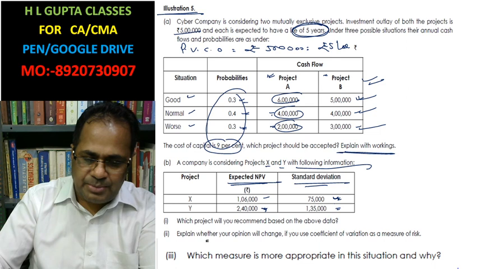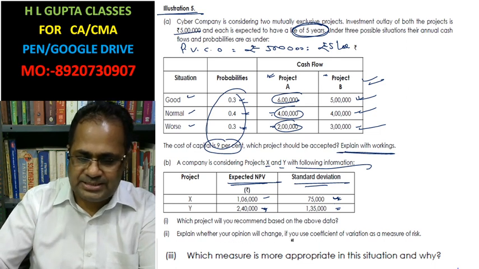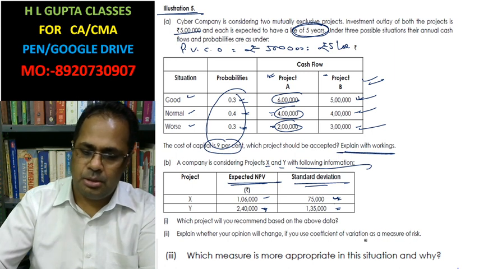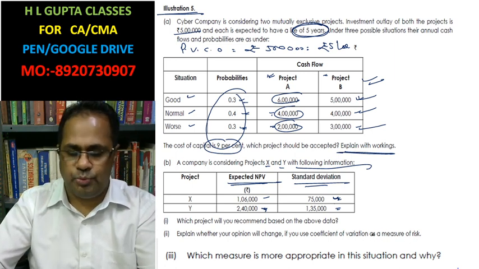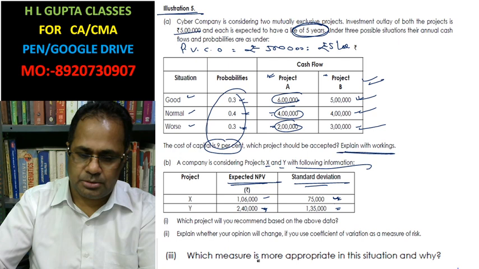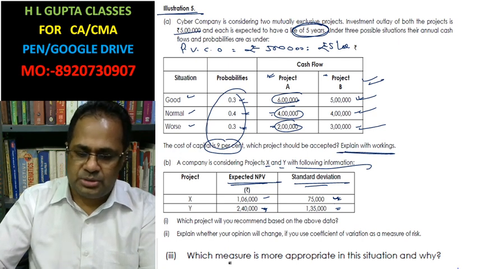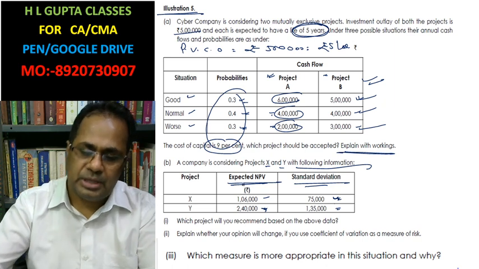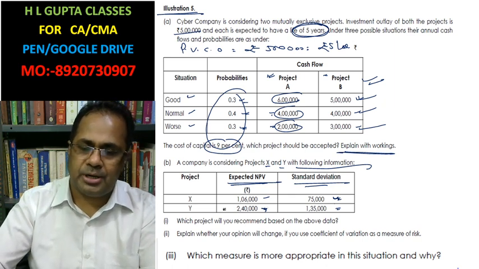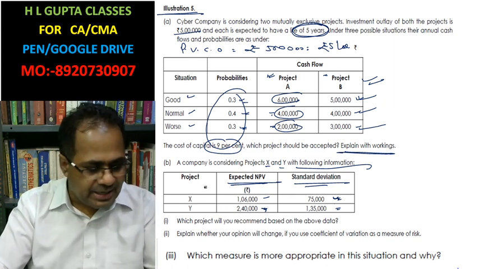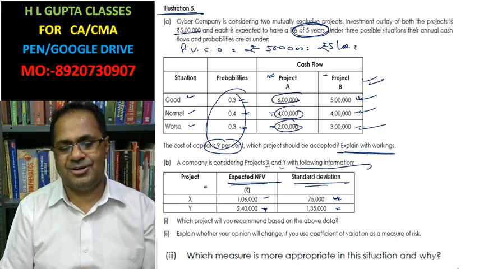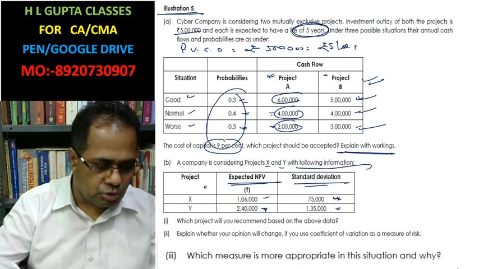Explain whether your opinion will change if you use the coefficient of variance as the measure of risk. Yes, it may. We need to calculate it. Which measure is more appropriate in the situation and why? Net present value is better because it is directly proportional to the wealth of the equity shareholders. Okay, I'm going to solve the questions.